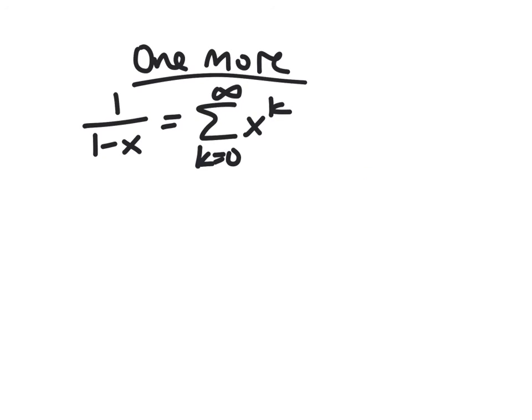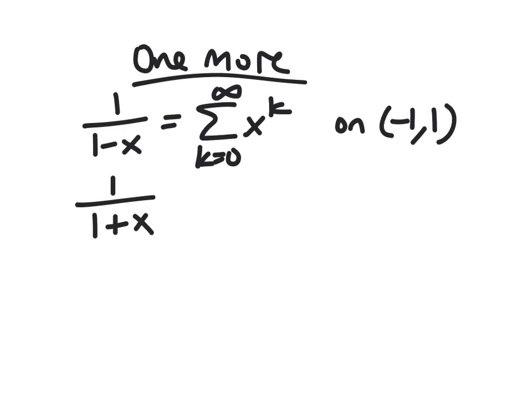So let's look at one more way we can do this. Now this one was only true on -1 to 1, but we saw that 1 over 1 minus x was this series. Now you could get a little bit clever here and say 1 over 1 plus x then. Well, I can put it in this form. It's 1 over 1 minus negative x. So this is like my r, and my a is up here as 1.